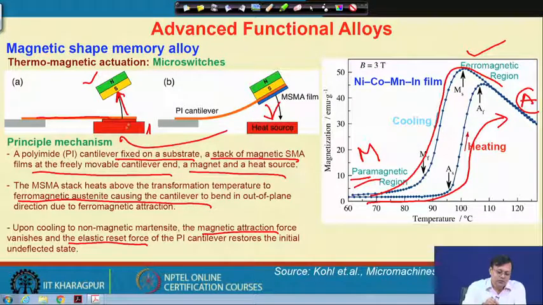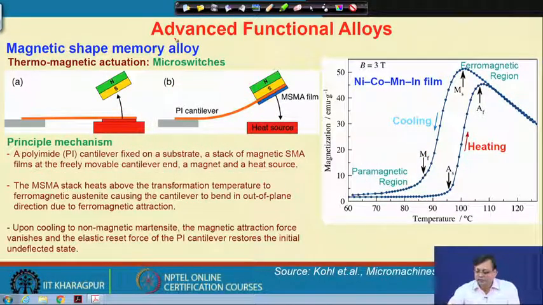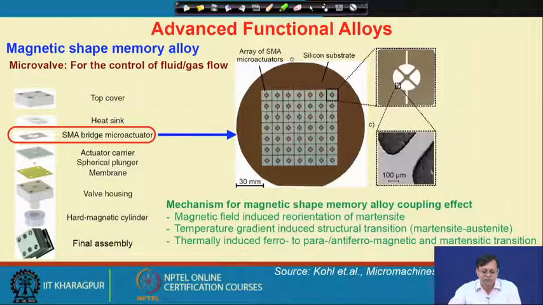So, this process will go on. So, we can maintain or restore the initial undeflected state. In this way we can make micro switches that are very much usable, using these shape memory alloys by considering this magnetically induced martensite to austenitic transformation.